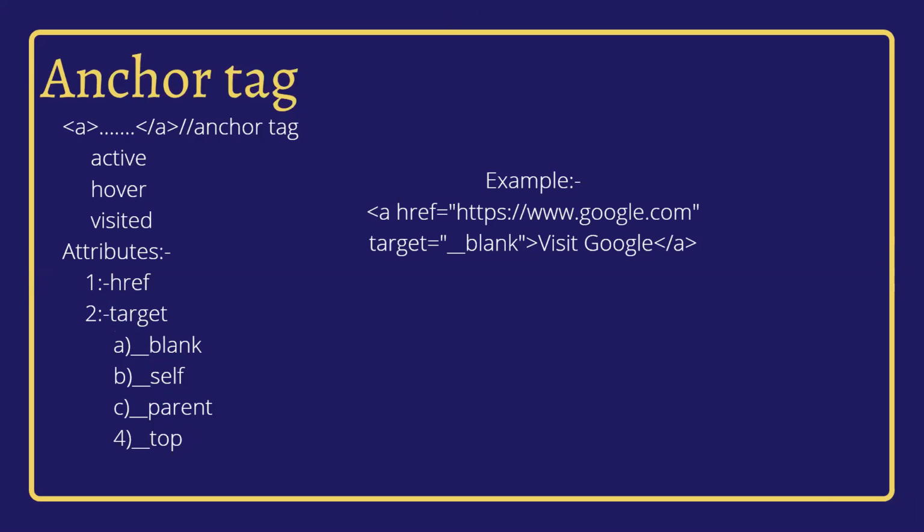So as we know, the anchor tag is used to provide a link to a document or a website. It is mainly done by using the href attribute. In the href attribute, we use some URL. As you can see, by that we will be able to shift from one website to another website or from one page to another page. So let's see it in detail.